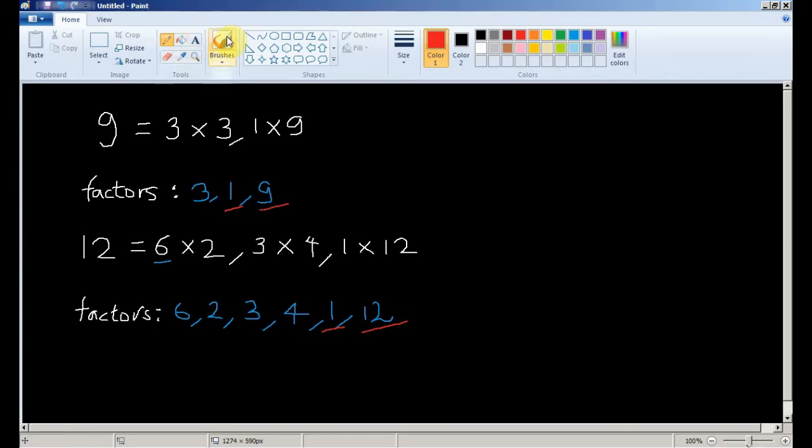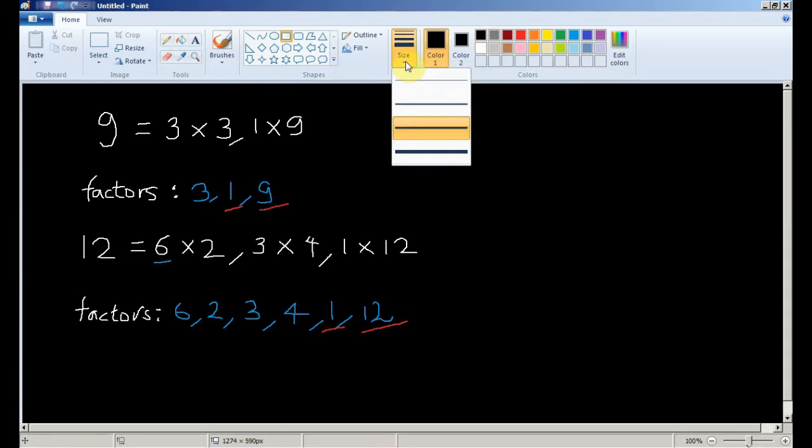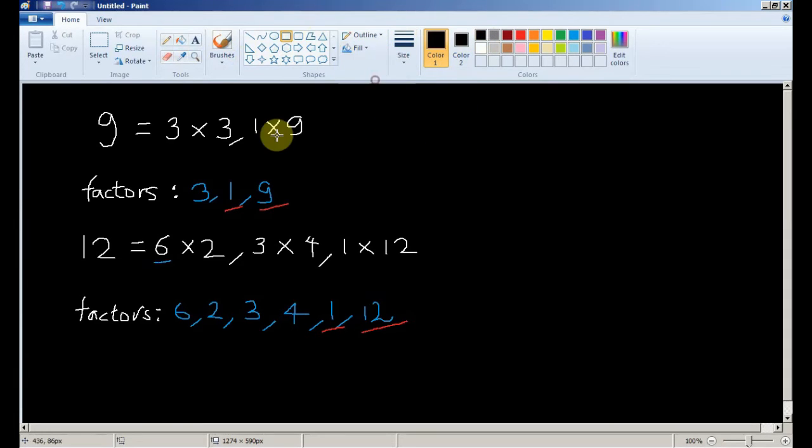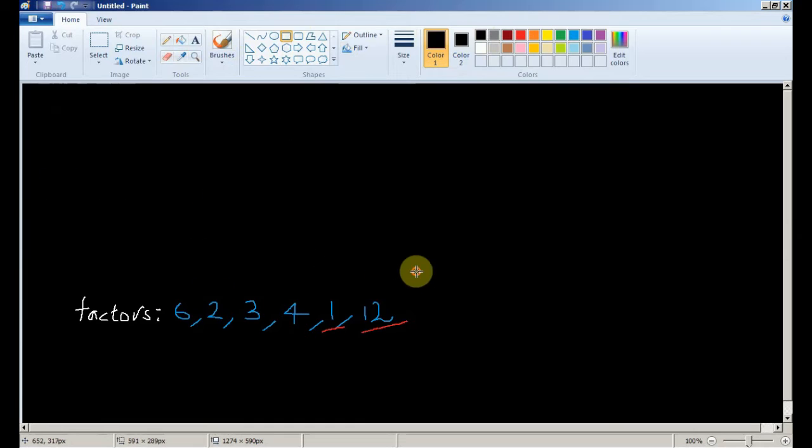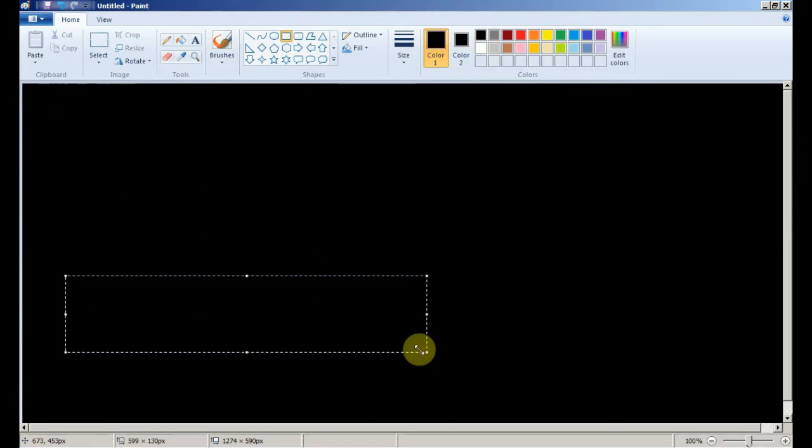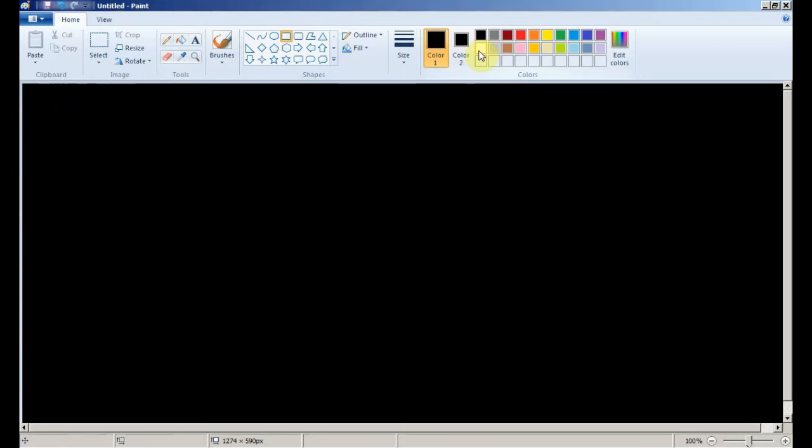Okay, let's go ahead and remove this. Now we have to view some other numbers which are prime numbers.